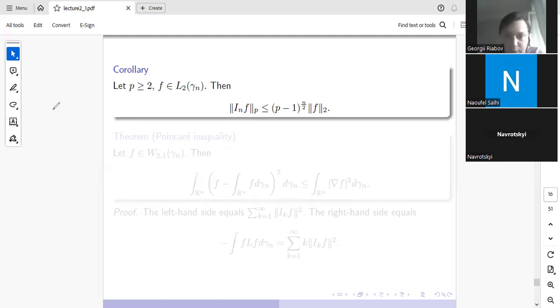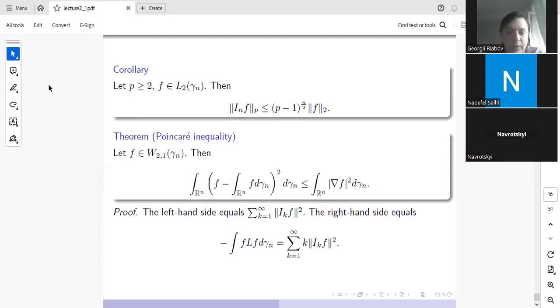Okay, and the last thing is the so-called Poincare inequality for functions from the Sobolev space W_2^1. The following inequality holds. The left side is like the variance of the function with respect to the measure gamma, and on the right side, the integral of the gradient squared.